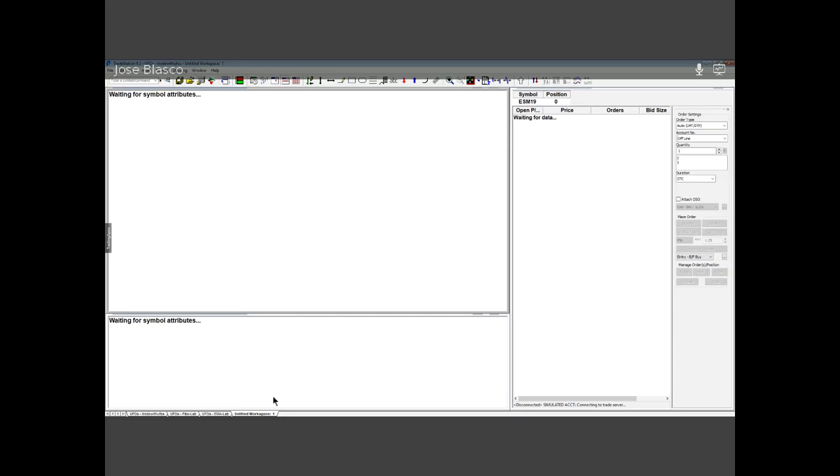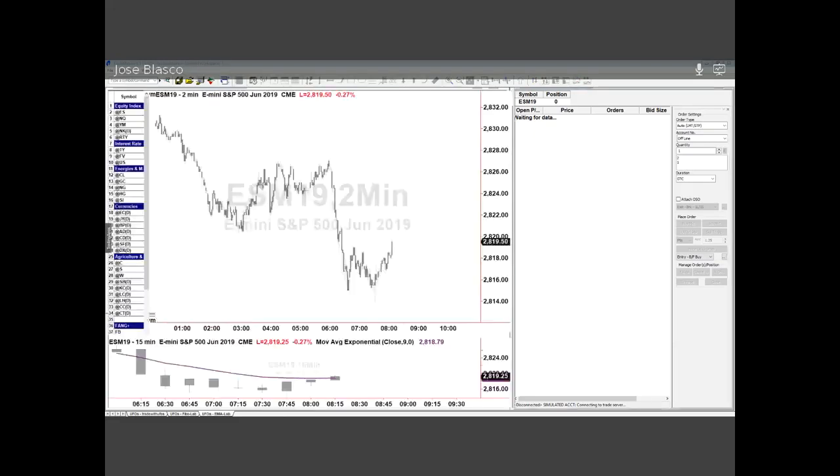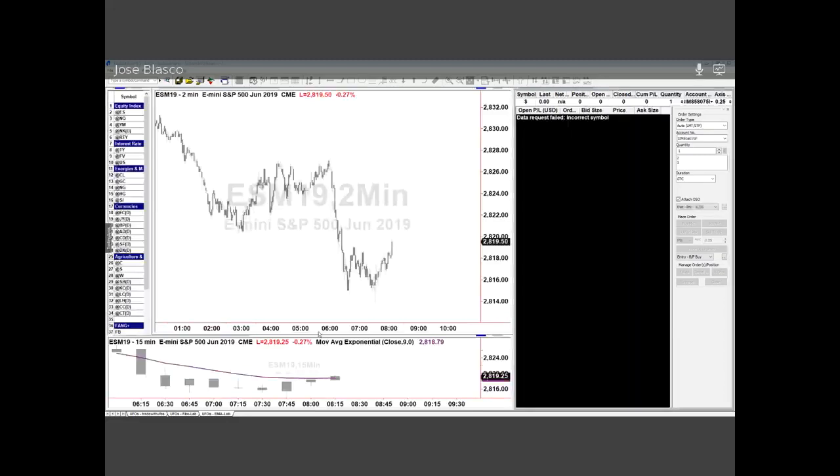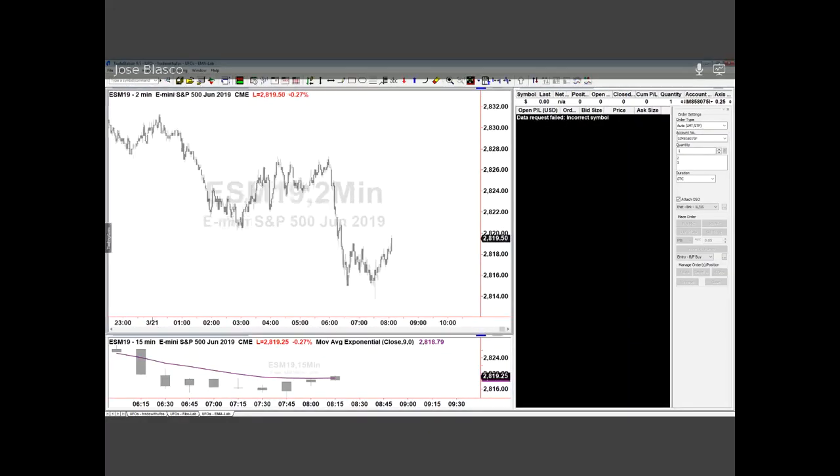Let me kill this workspace, because the moment you have done this, you would be in that particular position where you have the matrix on the left and two charts, one on top of each other. So let me remove all indicators so it looks exactly how I had it on the other window.